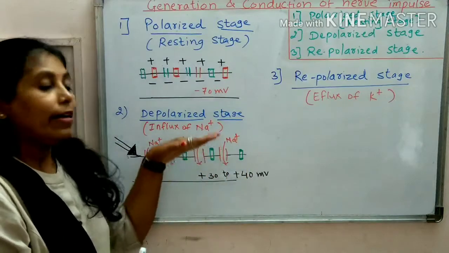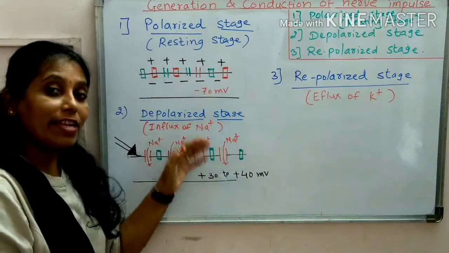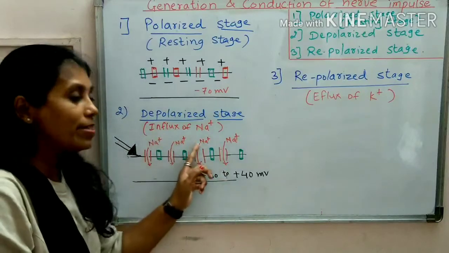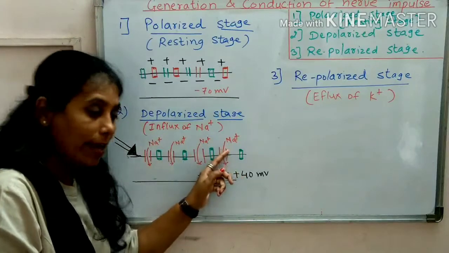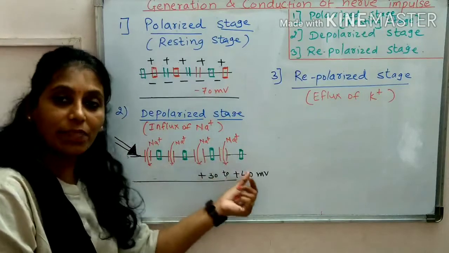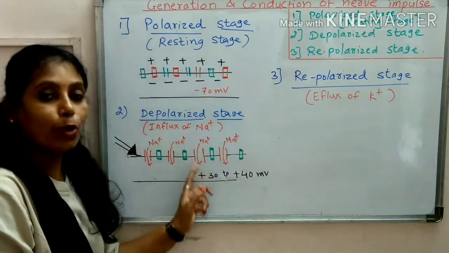And here the entry of sodium takes place along the concentration gradient, because sodium is more outside and here potassium is more. But here these potassium channels are closed. So there is no exit of potassium.